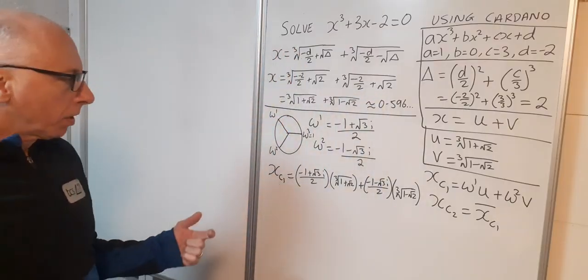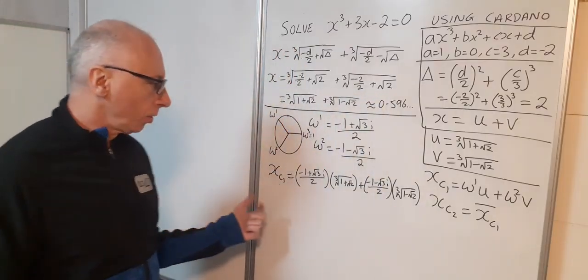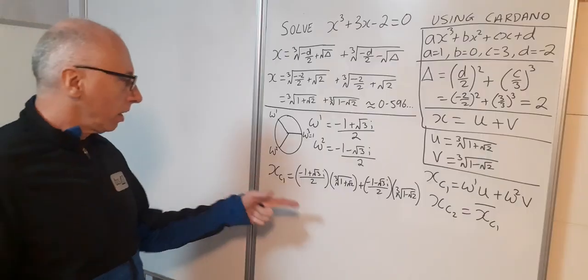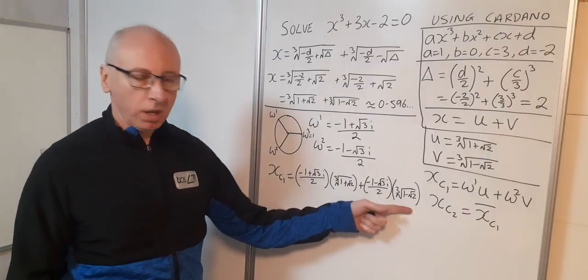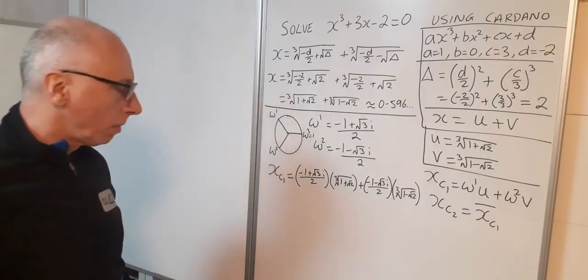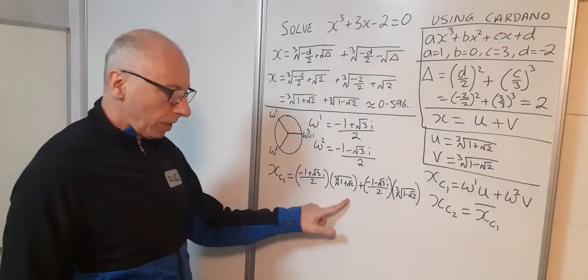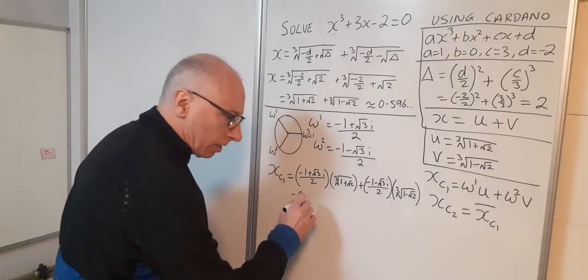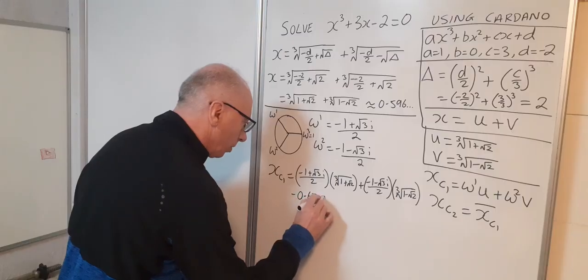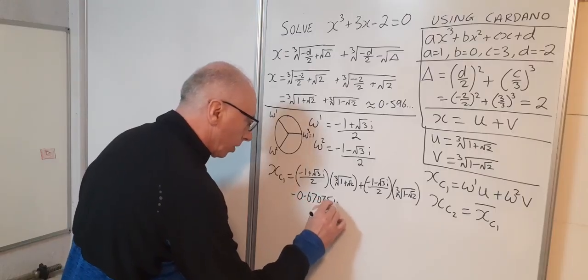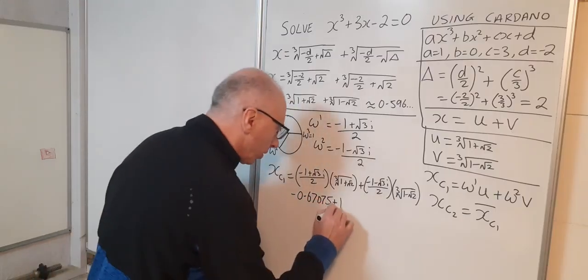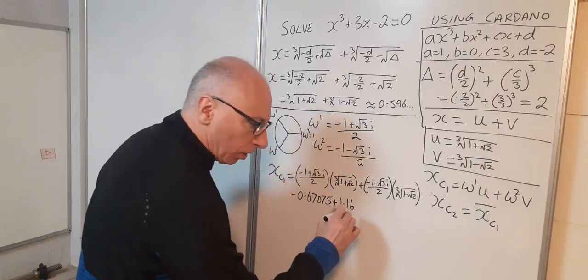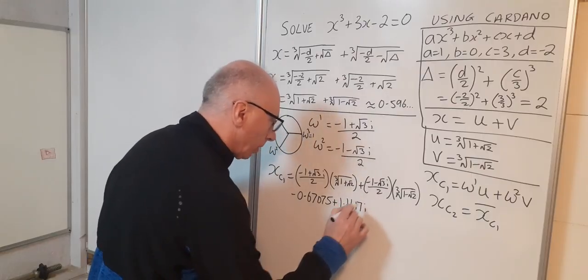Now that's the format I'm going to leave for my exact solution, but I can tell you what the values of these were after plugging them into my calculator. This one here came to minus 0.67075 plus 1.1617 approximately i.